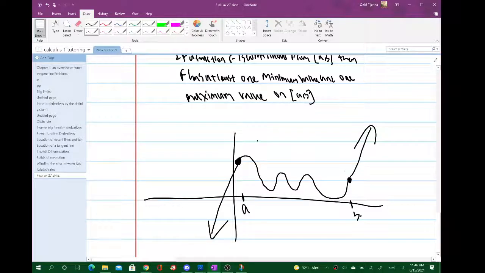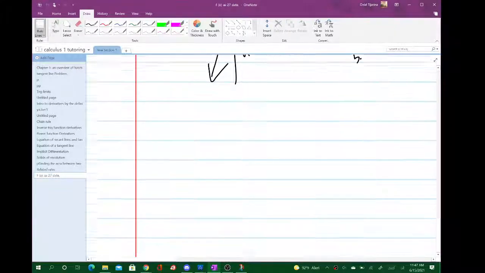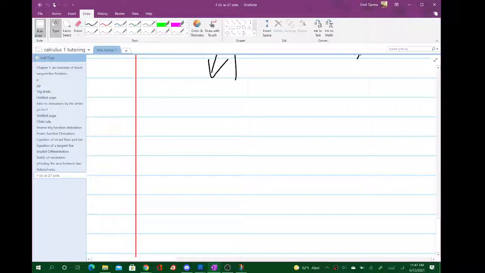Basically, it means that there's at least one maximum and minimum. Now, it can have multiple. There can be a maximum here, a minimum here, another maximum here, another minimum here, etc. But that's what the extreme value theorem says: between the interval a and b, there has to be at least one maximum and minimum value. So that's what that's saying.